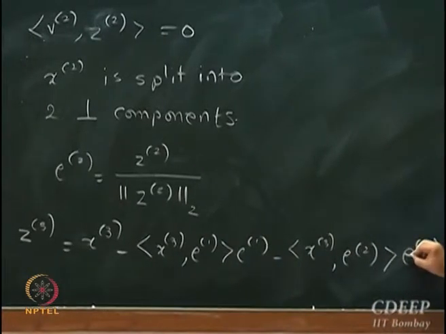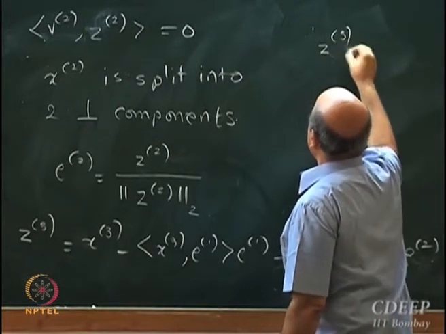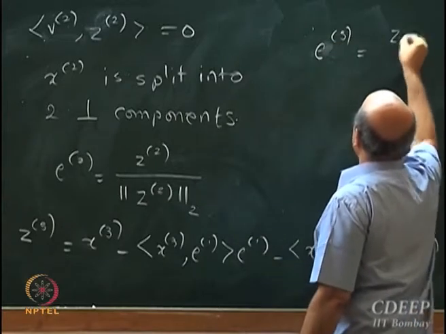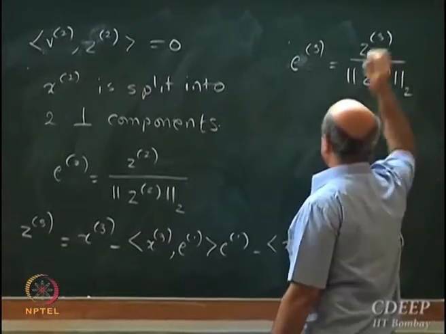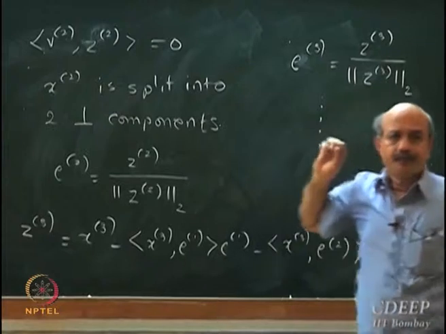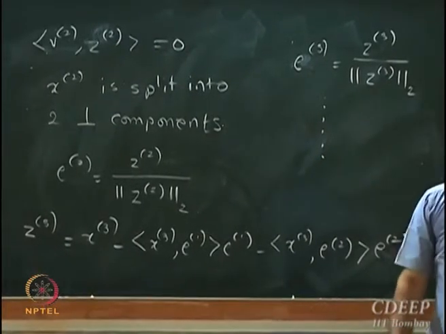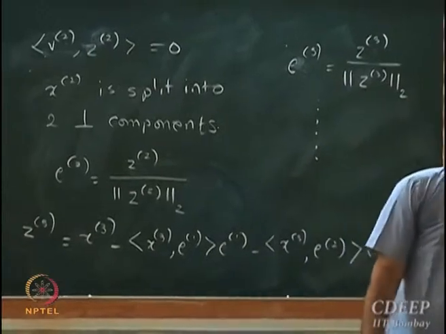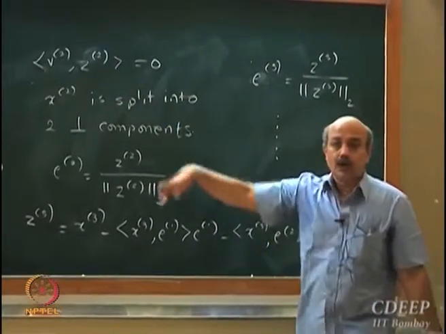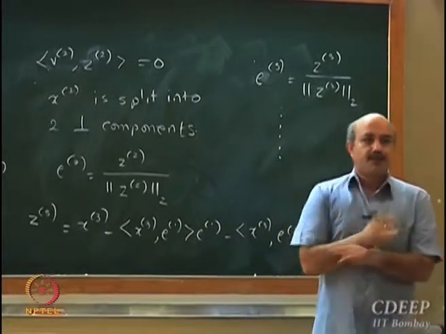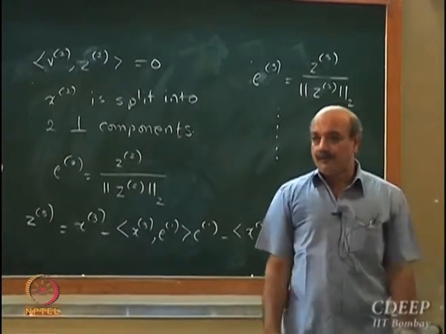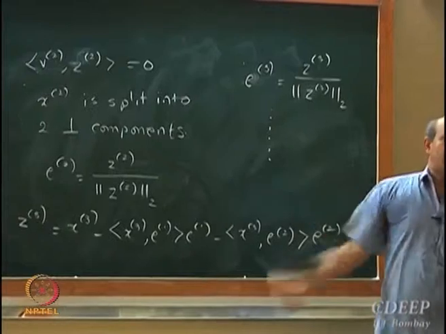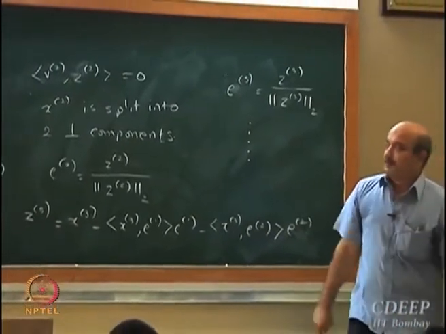So this is my vector Z3, and then using Z3 I can define E3, which is Z3 by norm Z3, and so on. So given a set of vectors which are not orthogonal, I can just follow this systematic procedure to create a set which is orthonormal. And the creation of this orthonormal set from a non-orthonormal set is called the Gram-Schmidt process.